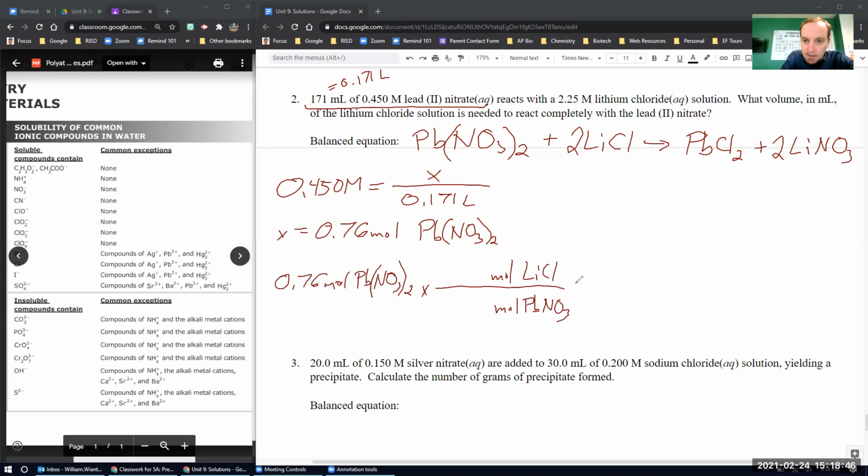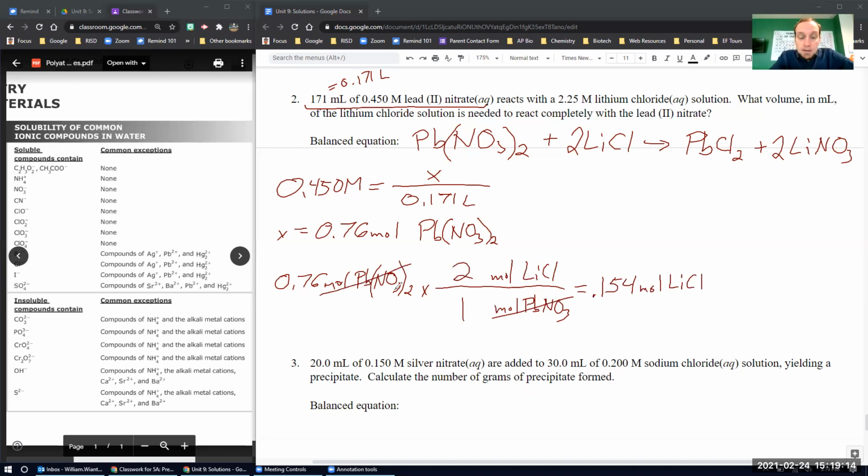So once we have that, when we have moles over moles, of course, in the bottom, we have Pb(NO3)2. In the front, we have nothing, so that's a 1. Over here for lithium chloride, there's a 2 in the front, so that is a 2. So when we multiply this number by 2, we're going to get 0.154 moles of lithium chloride.